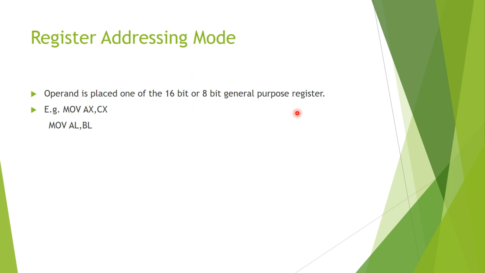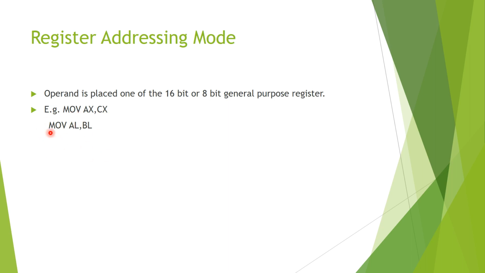So if we use the 16 bit general purpose register, we have to put the X, or if we use the 8 bit general purpose register, then we use either L or H, the lower register or the higher register. So in this we have to move the contents of register C to the accumulator. In this we use the X, so that means 16 bit data will be moved from the register C to the register A or the accumulator.